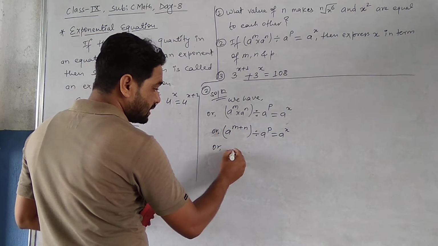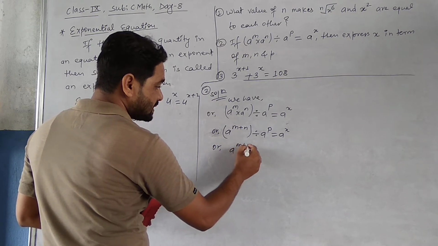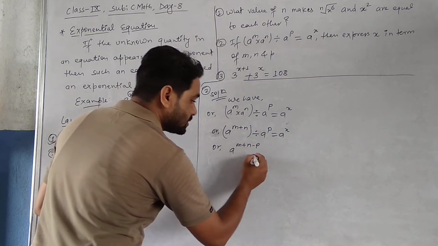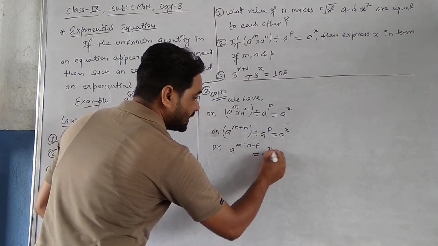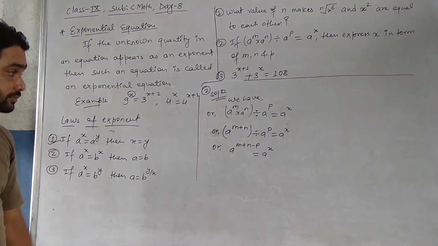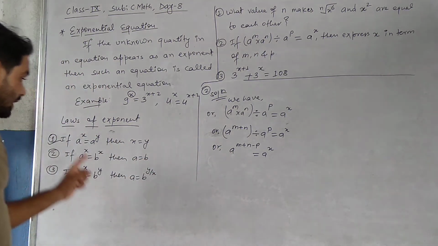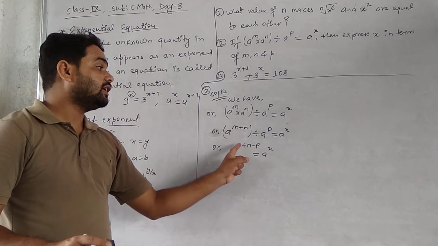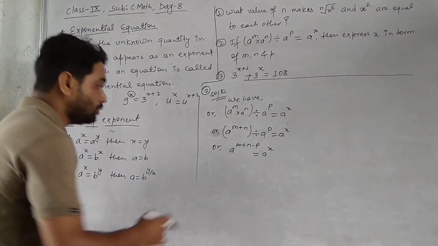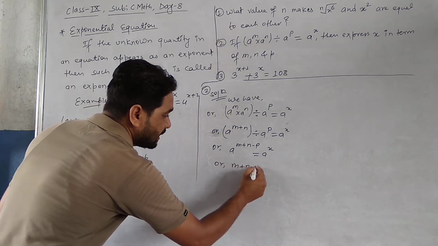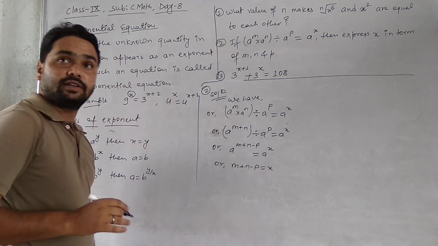So we write a power m plus n minus p equals a power x. Now it is in the form of the exponential law, the base is same, so we apply the first law and write that the powers are equal: m plus n minus p equals x. This is the law.